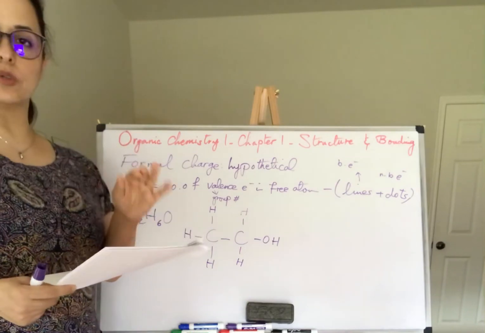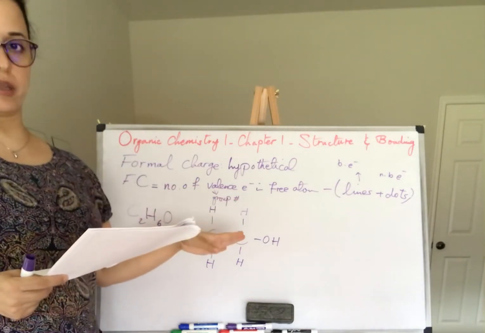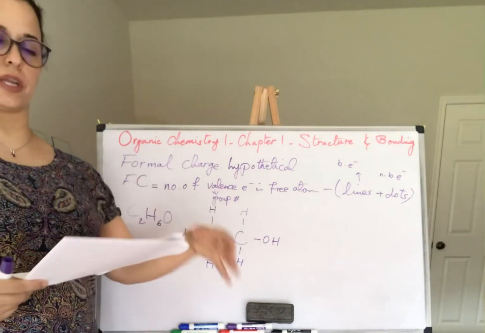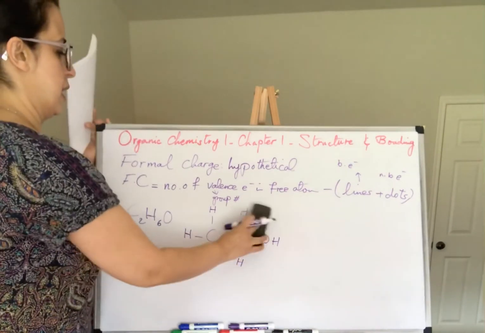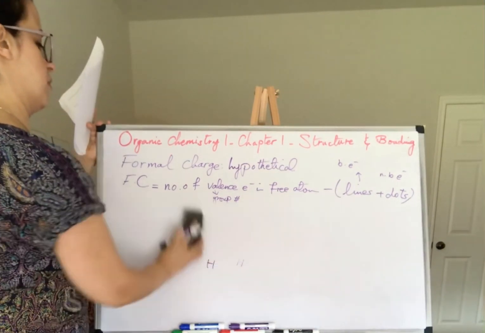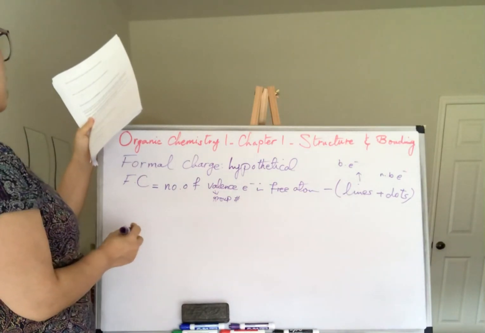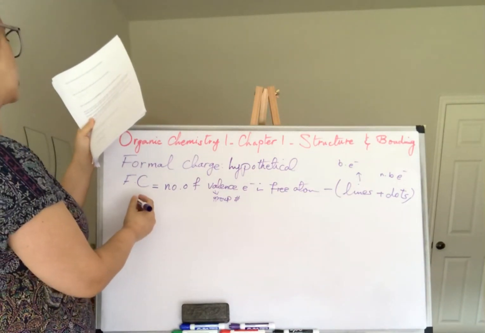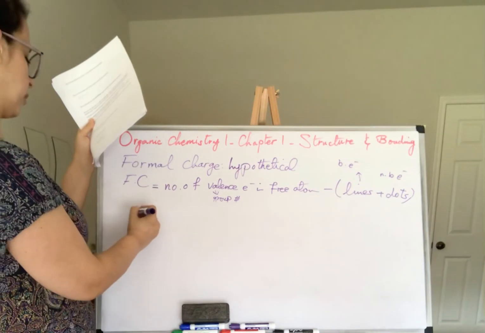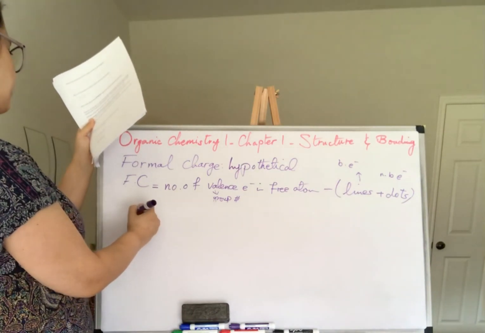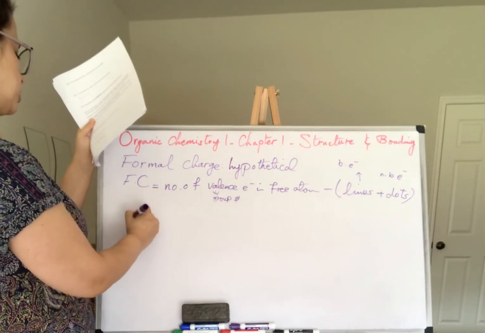You have to have enough practice by drawing, making mistakes, and learning. Let's go to the end of page 5. Draw Lewis structures for each molecular formula. I believe B is a good choice.